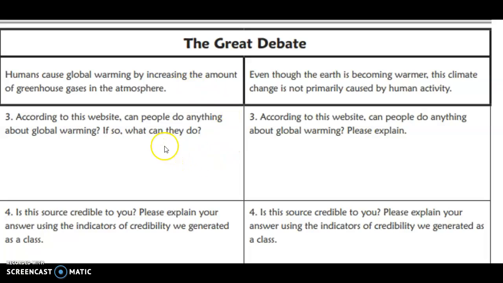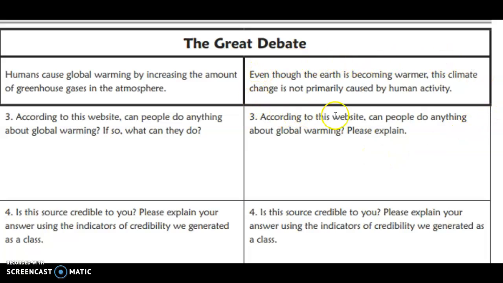The question says, according to the same website, you're using the same website, what is it that people can do about global warming? And if the website says that there's something that can be done, just jot briefly here what can be done. And on this side, the same thing, okay?